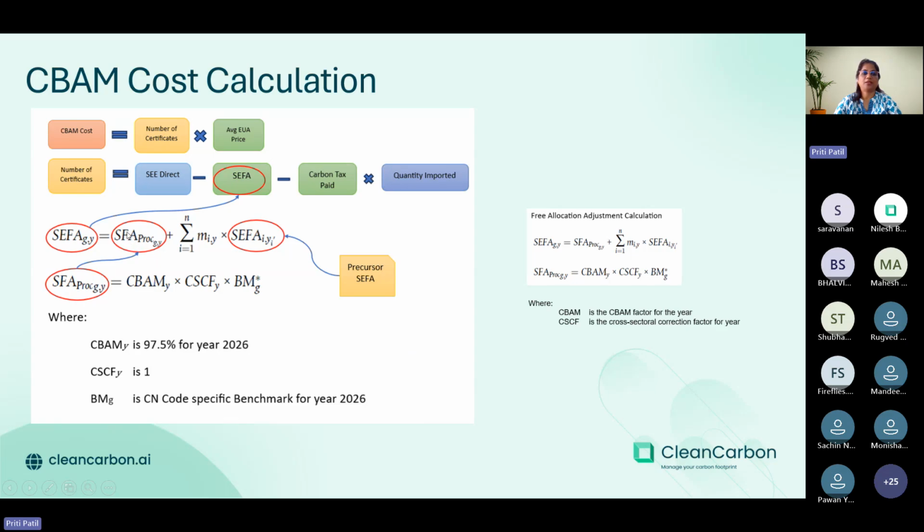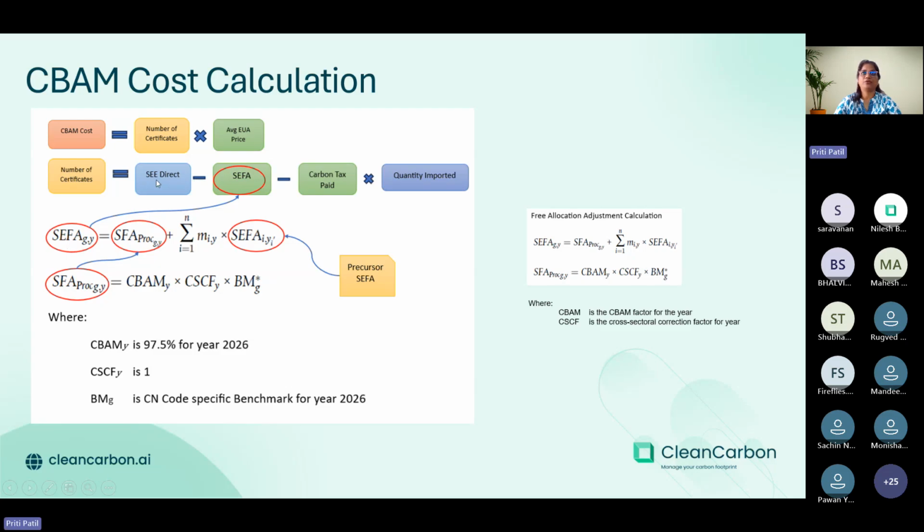Plus, you need to add the product CEFA. Again, for product CEFA, you will follow the same rule. You will calculate the product's benchmark by 0.975, and total of this product CEFA plus total of all the precursors' CEFA gives you total specific embedded free allocation for that product.